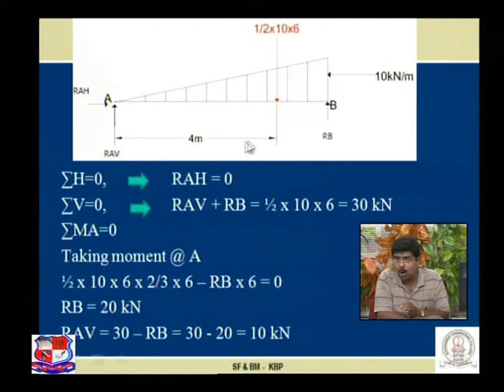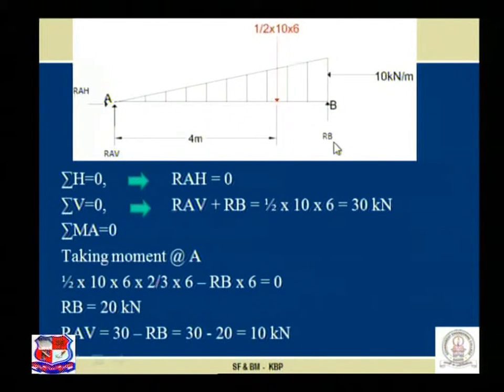It creates a clockwise moment, hence plus sign. Another force RB creates an anti-clockwise moment, so minus RB into 6 is equal to 0. By simplifying this equation, we get the value of RB as 20 kilonewton.